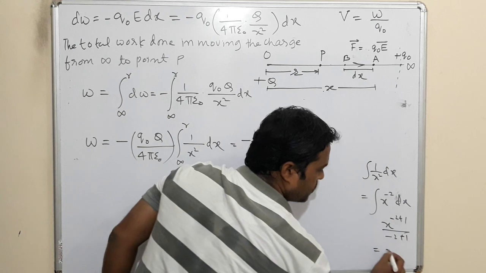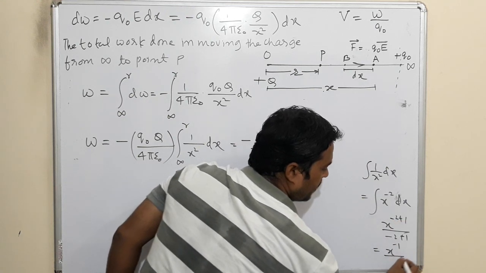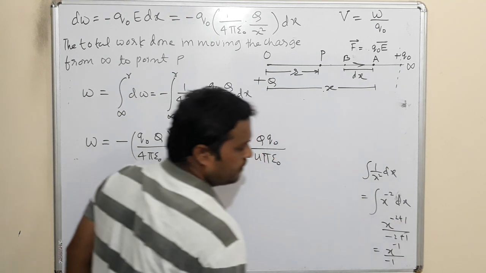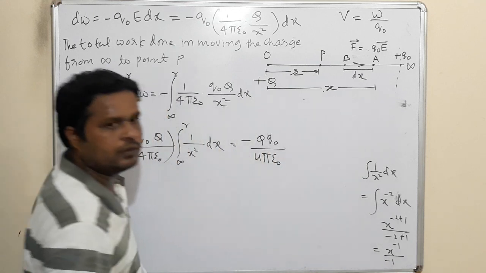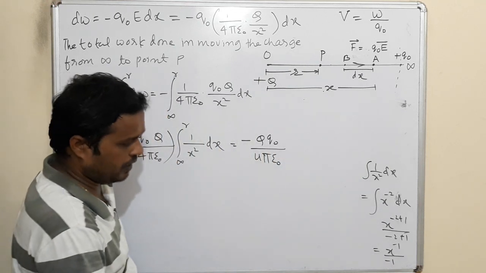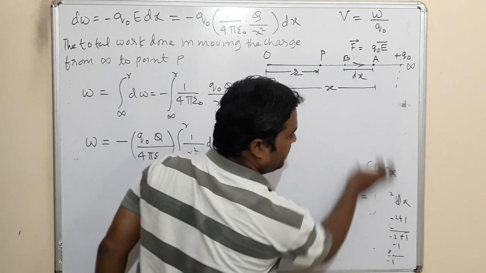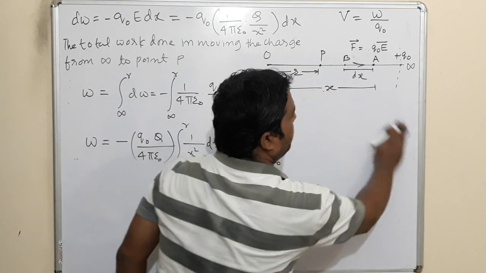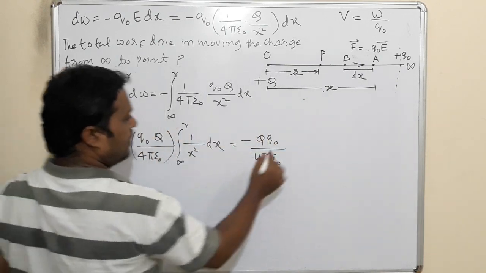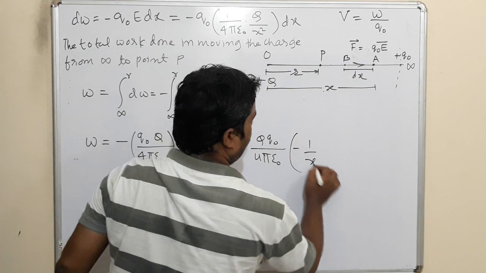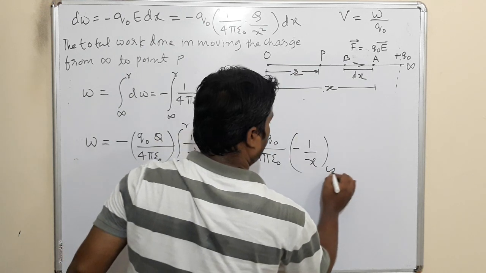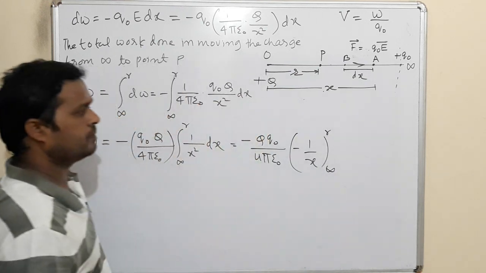This will be x raised to minus 1 divided by minus 1. If I bring this x to the denominator, it will be 1 by x with minus sign. The integration of 1 by x square is minus 1 by x with the limits infinity to r.